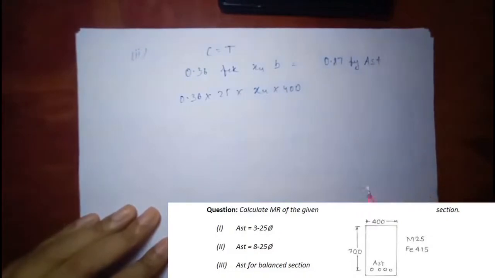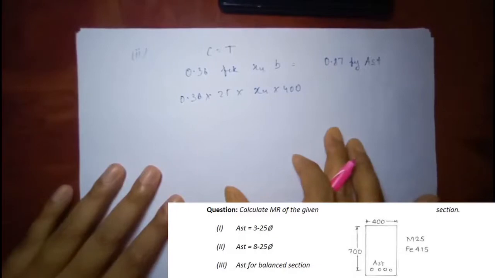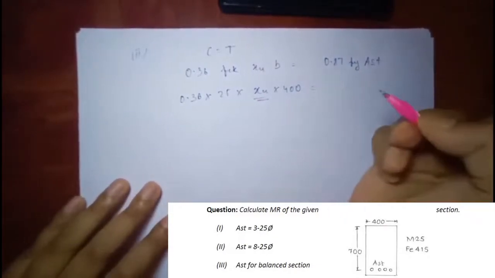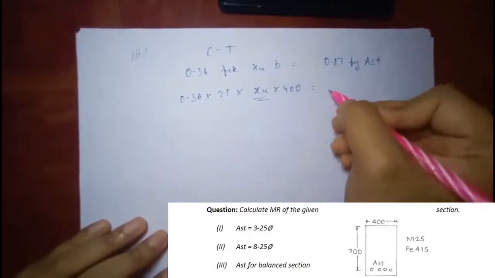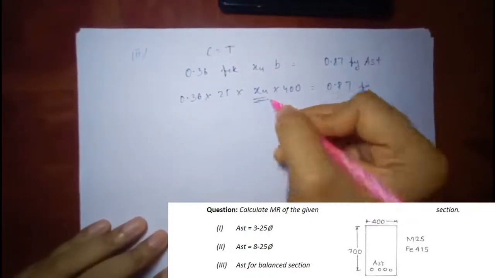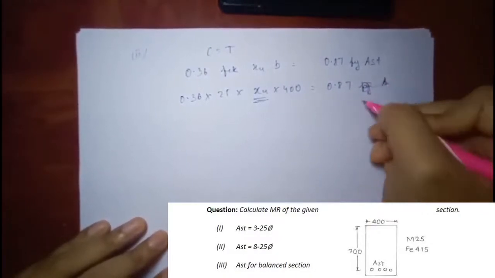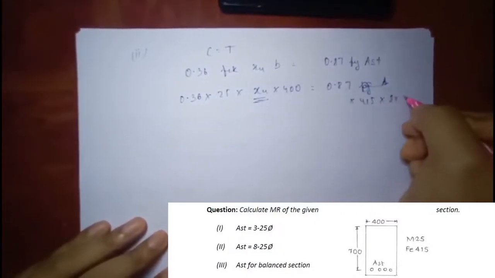As we have read in the theory, for a particular grade of concrete and a particular grade of steel, the neutral axis is dependent upon the area of the tensile steel. So now as the area of tensile steel has changed, we have to calculate the new neutral axis position, that is XU, multiplied by Fy, 415, multiplied by AST, which is 8 times pi by 4 multiplied by 25 square.